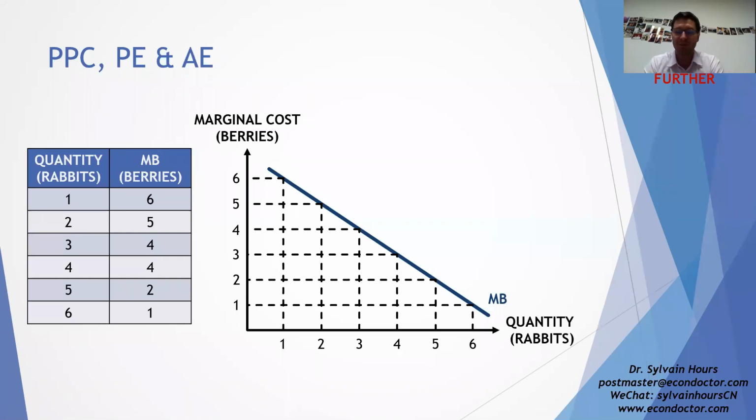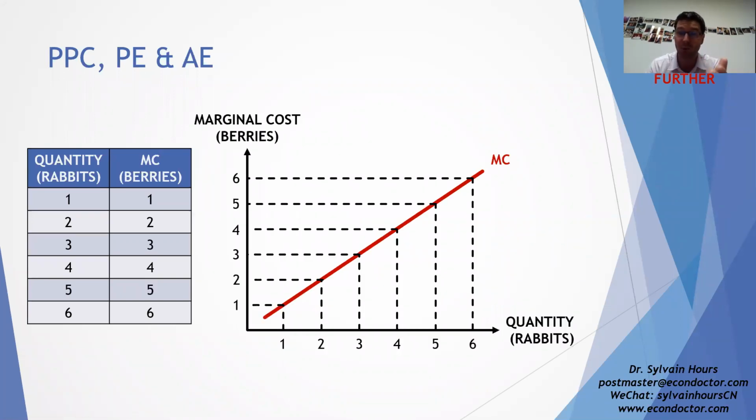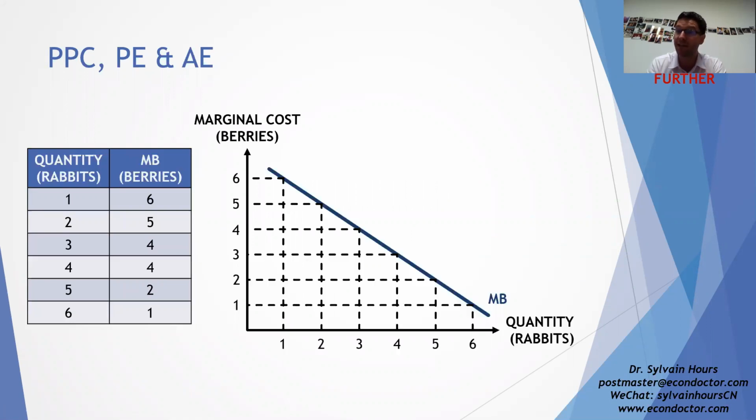If I give you this extra information, then I can tell you which combination of berries and rabbits is allocatively efficient. I can bring together my two diagrams. I had one diagram that shows the marginal cost of producing rabbits. I have this second diagram that shows the marginal benefit of eating rabbits.